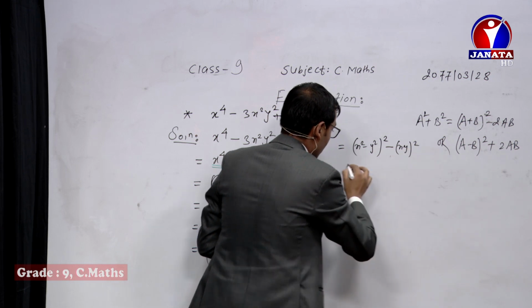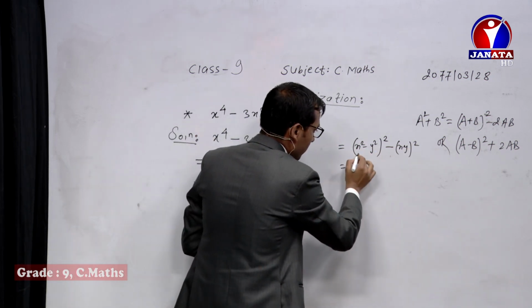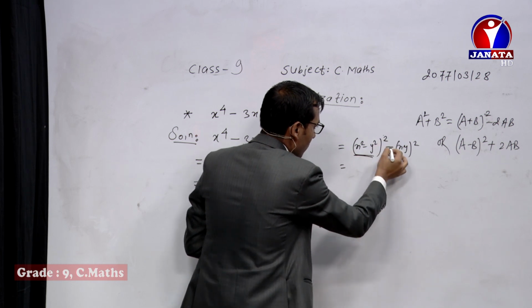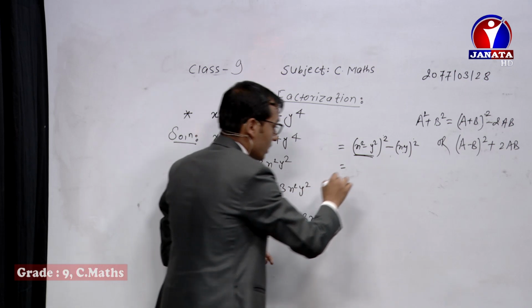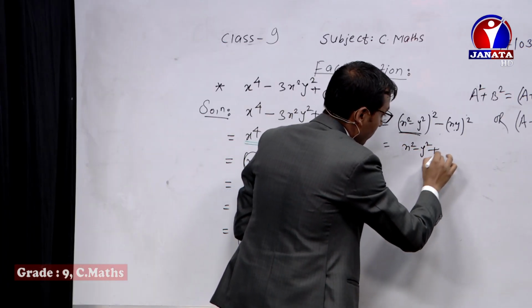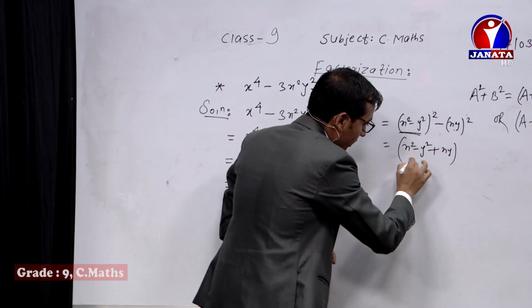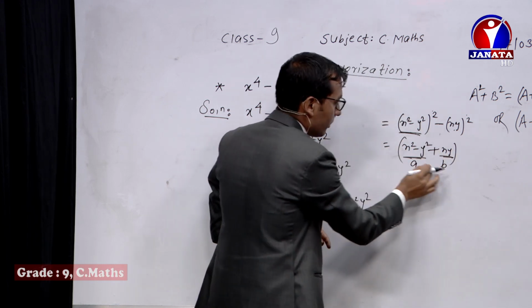Same. Now let's convert into a square minus b square, which is a plus b, x square minus y square plus xy. So this is a and this one is b. So a plus b.